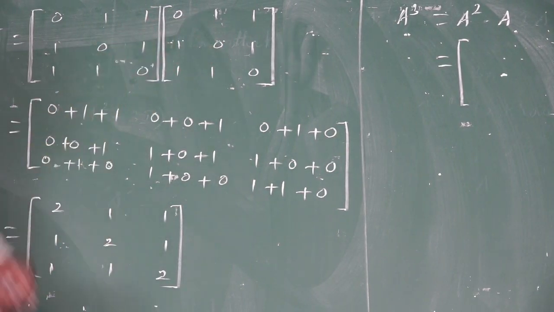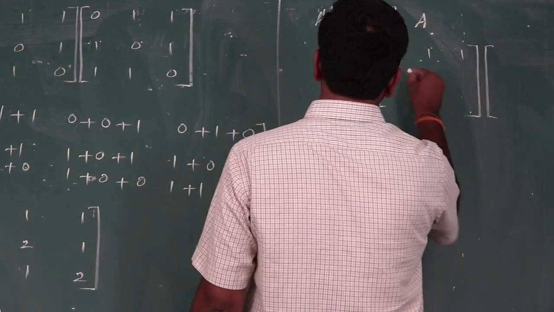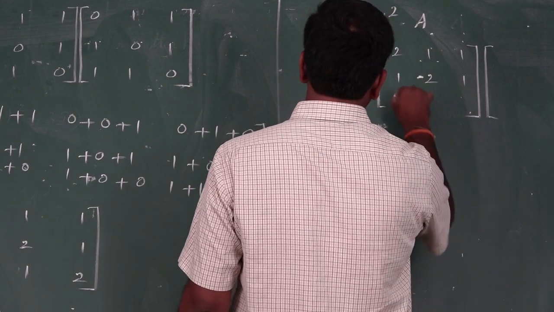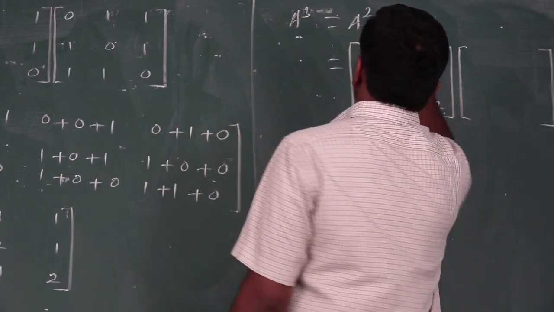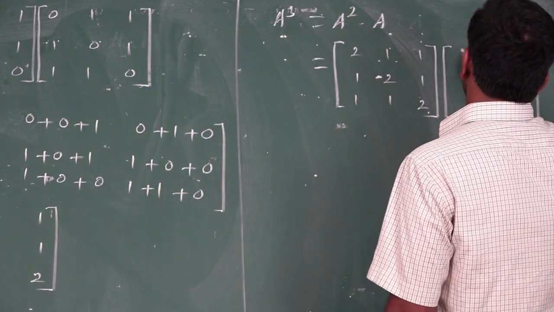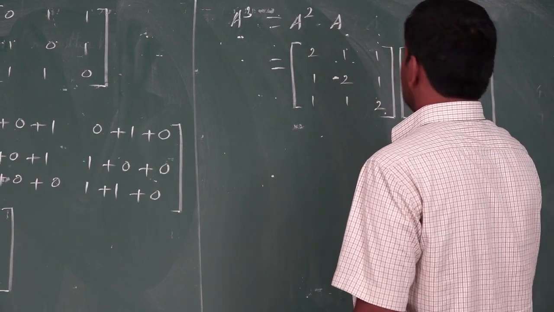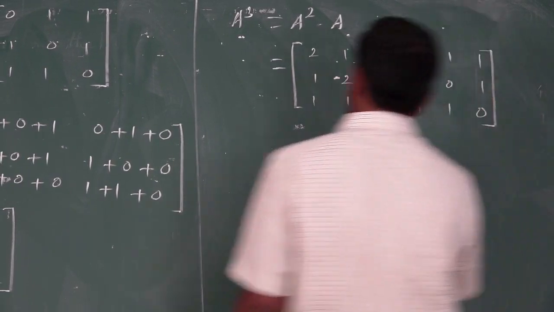We enter that value for A square, and again A, where A is the given matrix, with values 0, 1, 1, 1, 0, 1, 1, 1, 0.